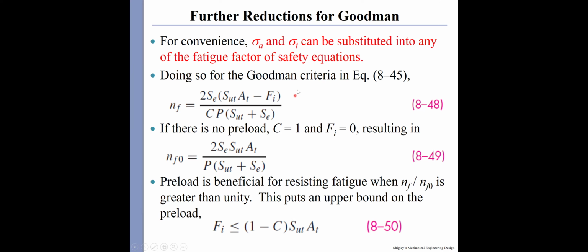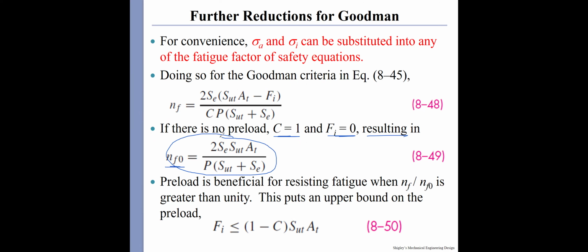Doing so for Goodman, we get the safety factor from Goodman and the load line. If there is no preload, Fi equals 0, and the result is nf naught from the Goodman criteria.